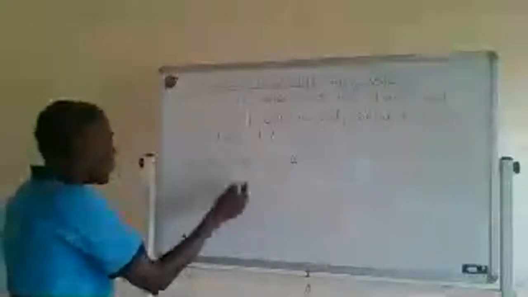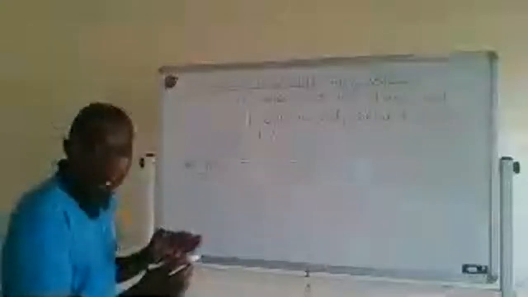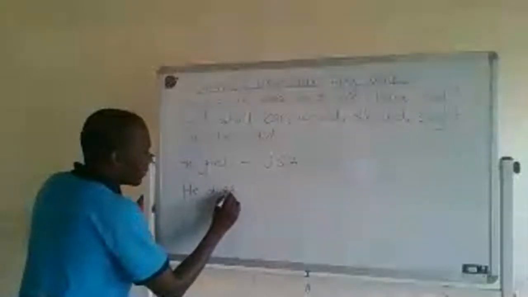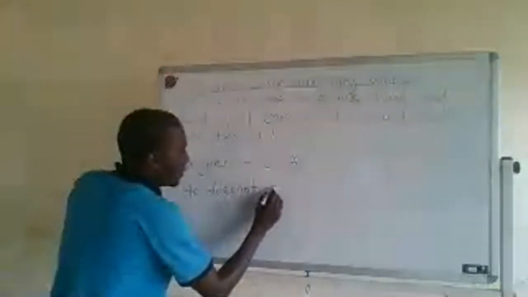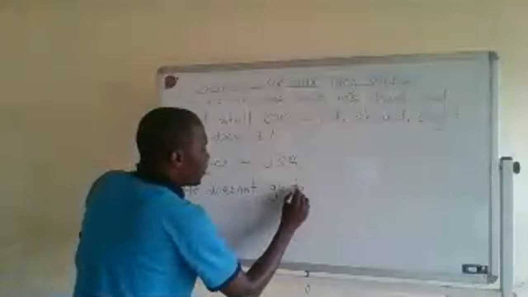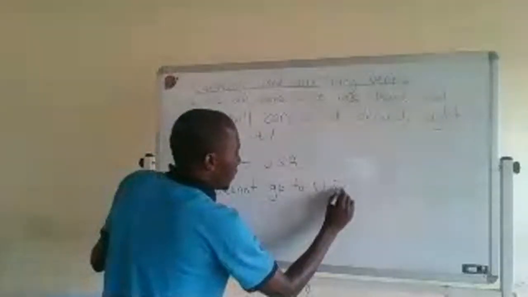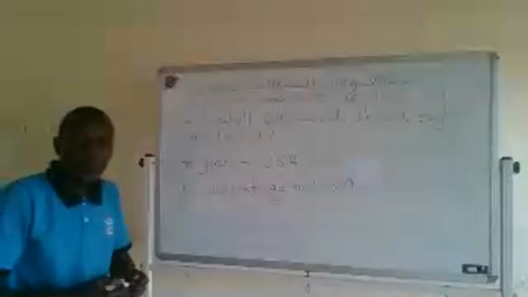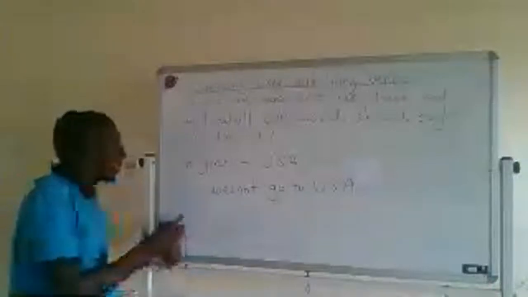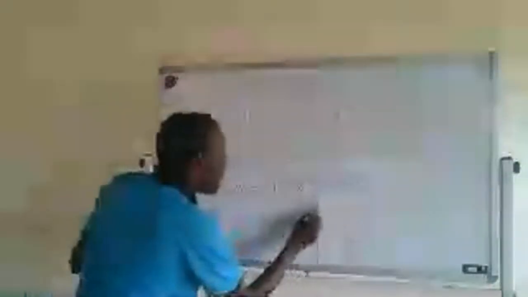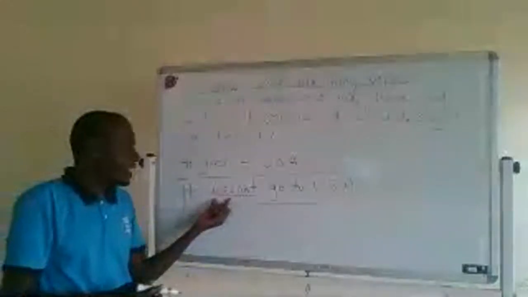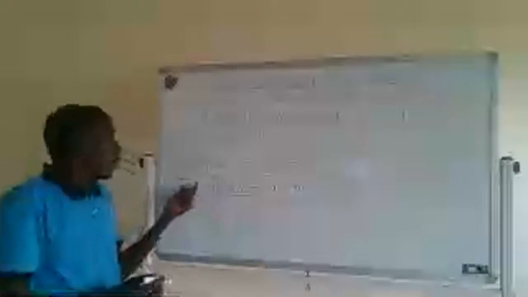So this one to be changed into negative, in simple terms, is going to be he does not go to USA. After changing it into negative, we shall be in position to identify the helping verb which has been used, and which is does.